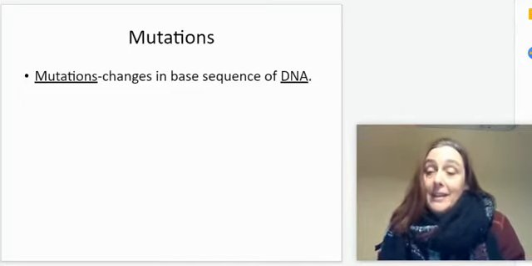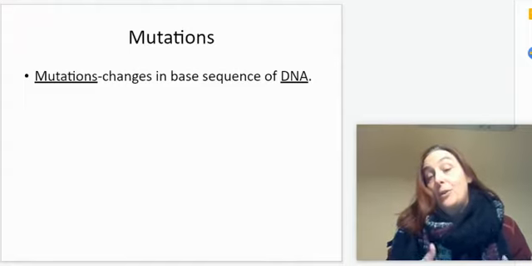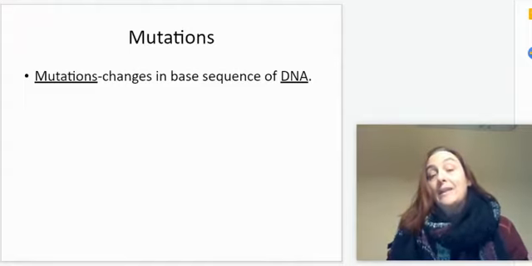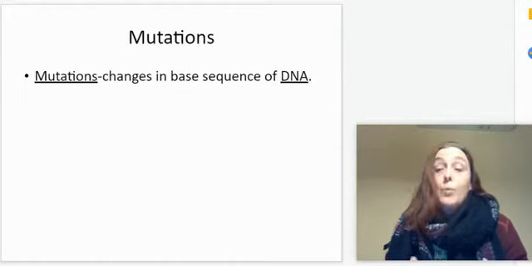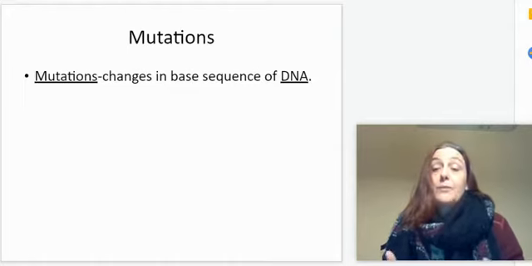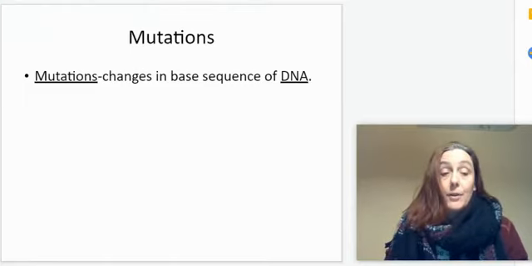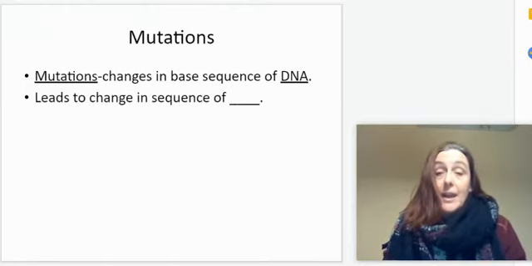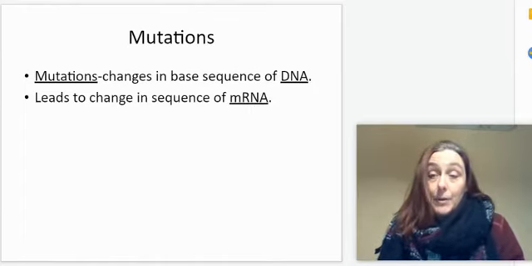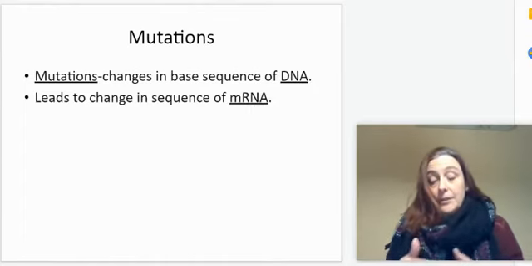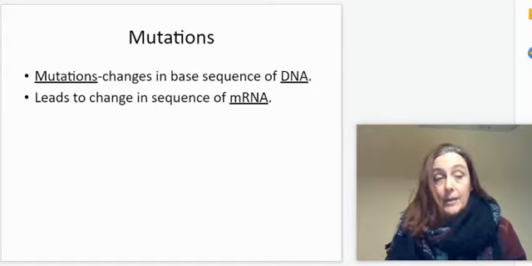And once you change the DNA, and let's say it's no longer AAA, but now it's AAC, what's going to happen? Well, what's the first thing that's made from the DNA that will now be changed? The mRNA will now be changed, and you will get a change in the bases in the mRNA. So if you change the DNA bases, you get a new sequence of mRNA bases.